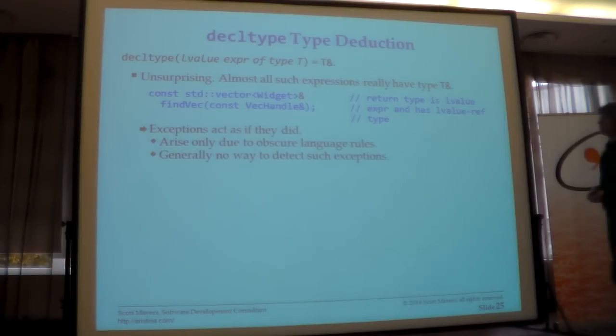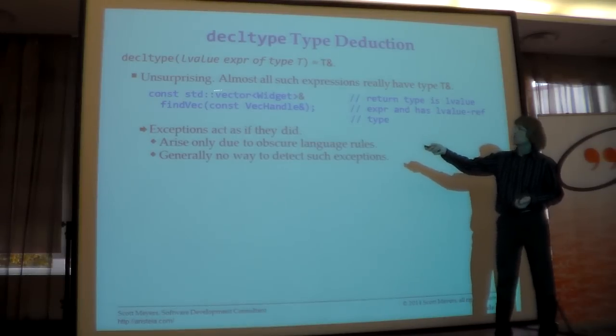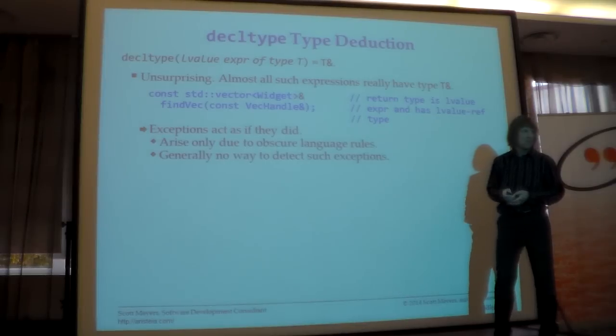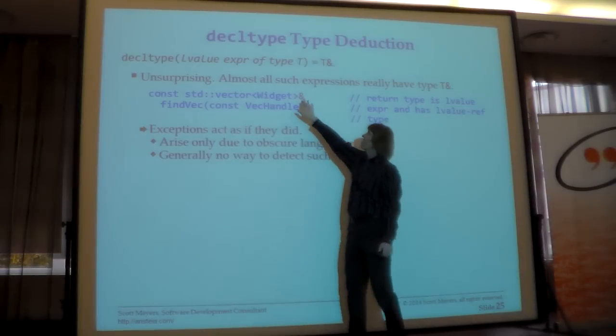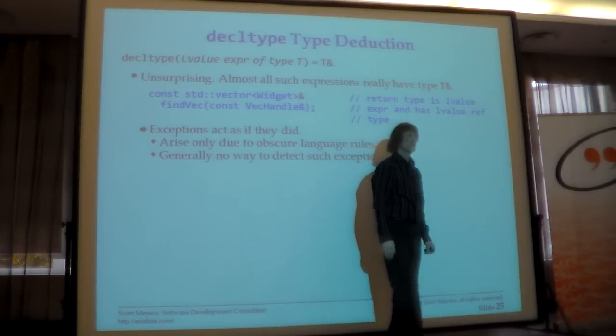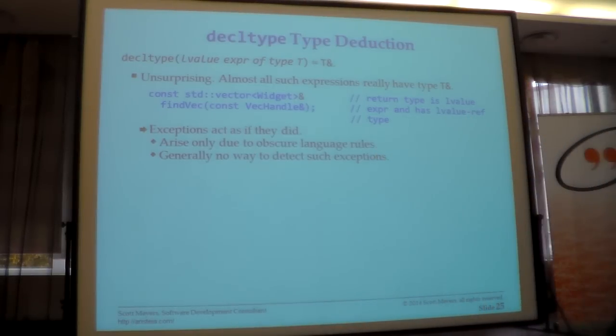As an example, here is a function called findVec. FindVec returns a reference to a constant vector of widget. By definition, all lvalue references are lvalues. If you have an lvalue reference, by definition, it is an lvalue.